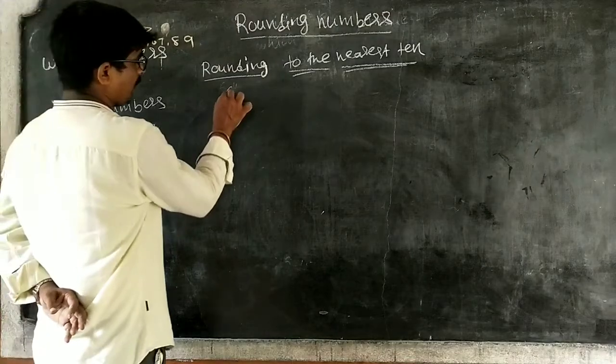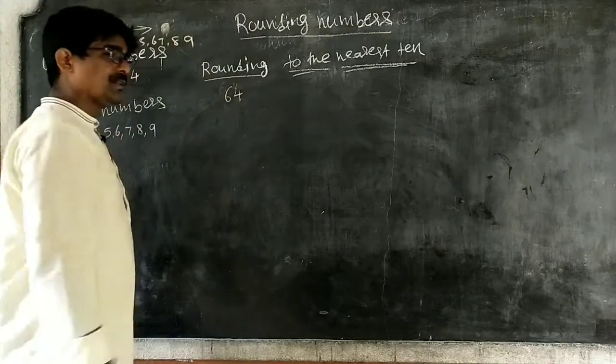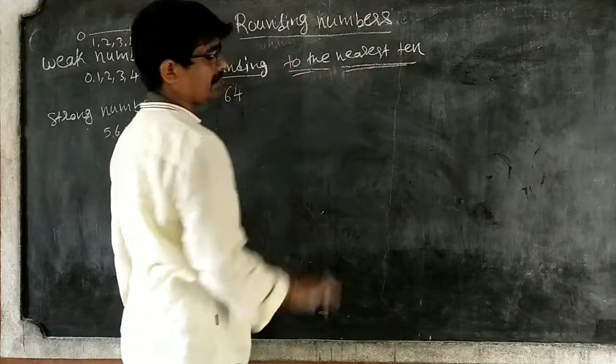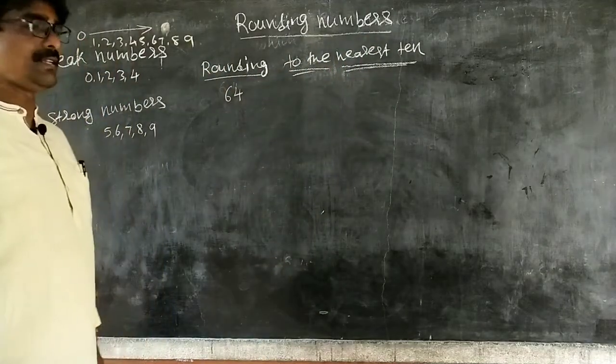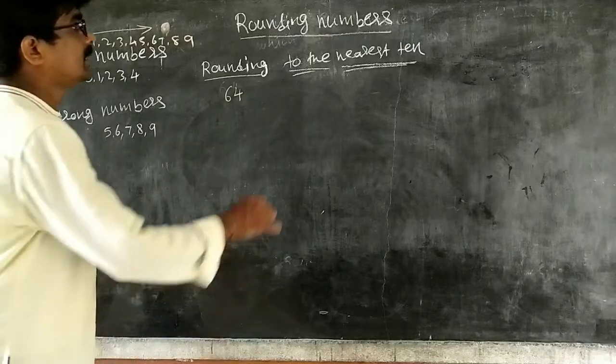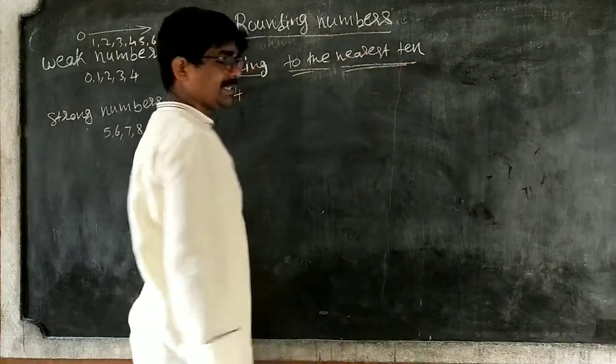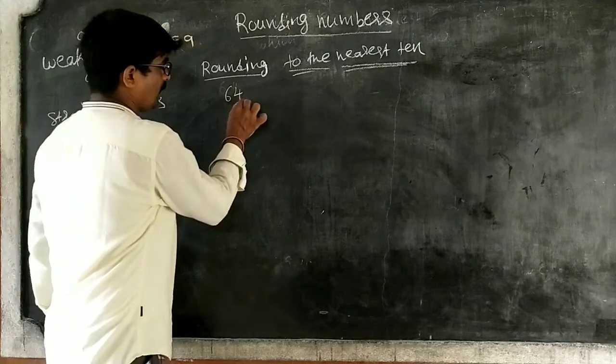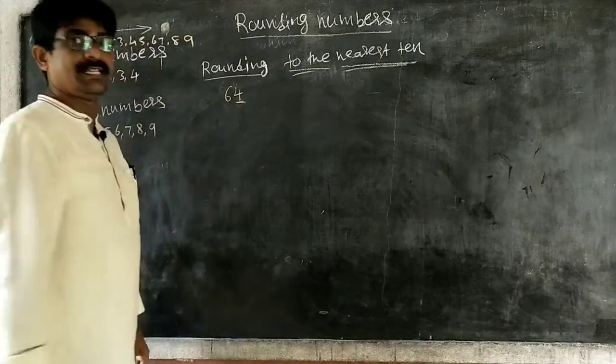Simple. For example, take 64, rounding to the nearest 10. Nearest 10 means we are observing the ones digit.